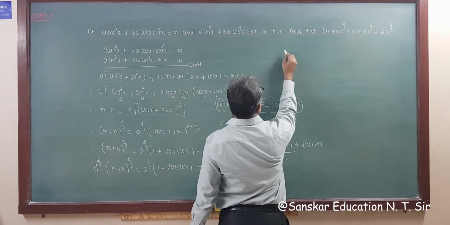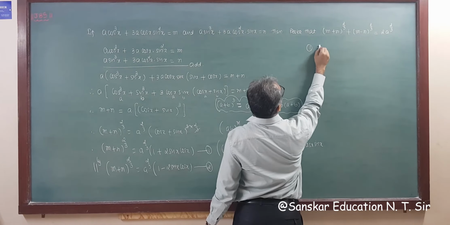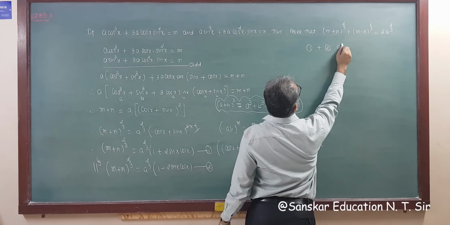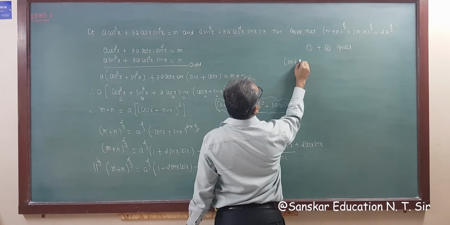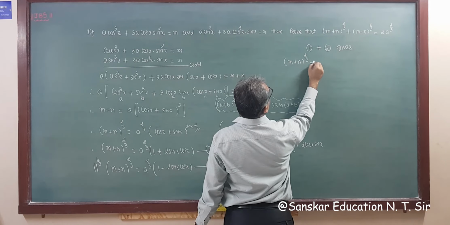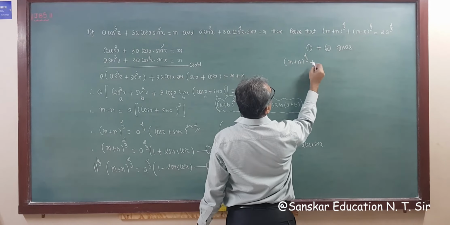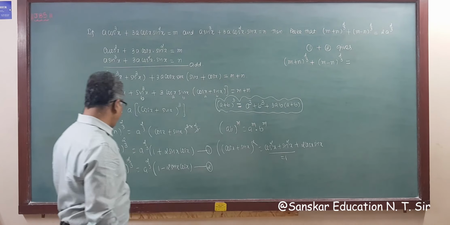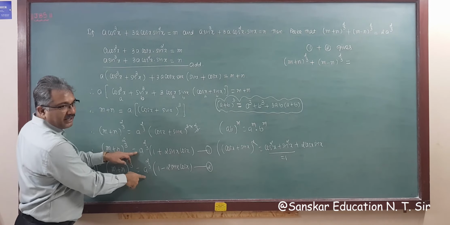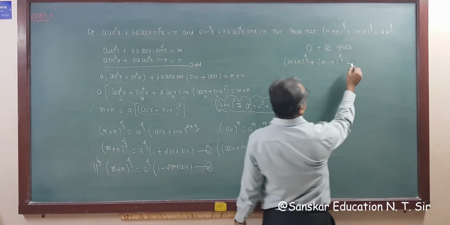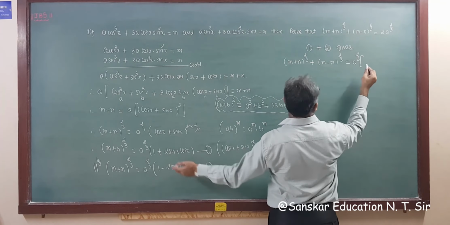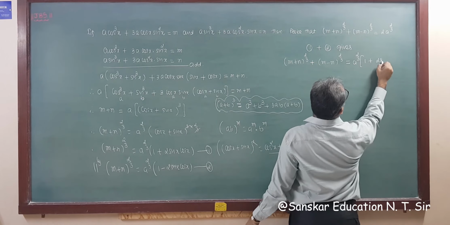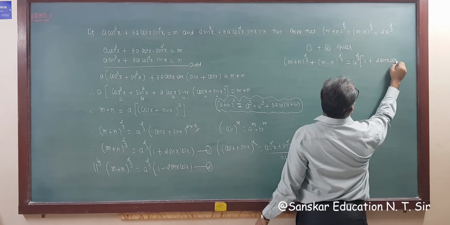So adding 1 and 2, what we get here? Write down here. So 1 plus 2 gives m plus n raised to 2 by 3 plus m minus n raised to 2 by 3 is equal to, if we add this, then this is common, a raised to 2 by 3. So taking a raised to 2 by 3 common, now remaining will be 1 plus 2 sin x cos x, right?